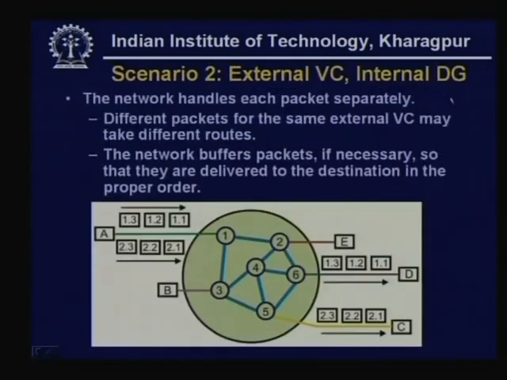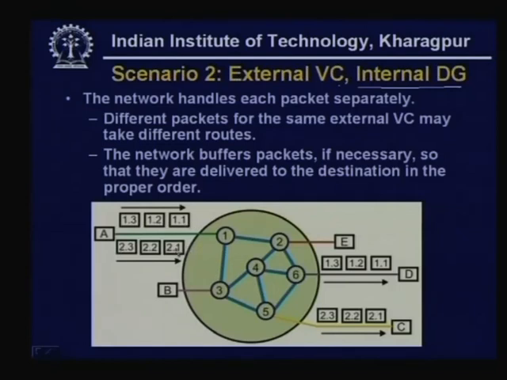Then comes the second scenario. In this, the network handles each packet independently. That means external virtual circuit, internal datagram. So, the network handles each packet separately. Since the internal is datagram and the external is virtual circuit, it will be given in this order.